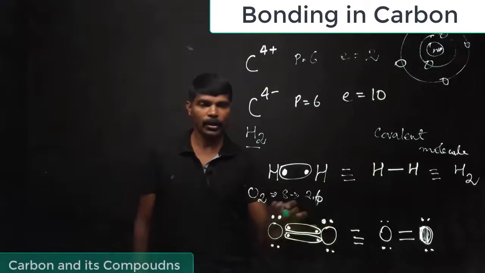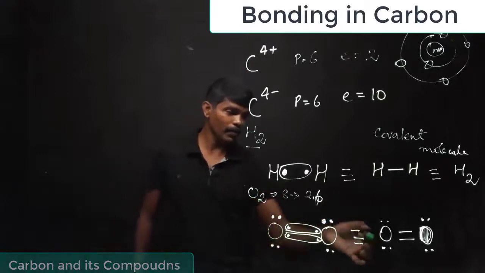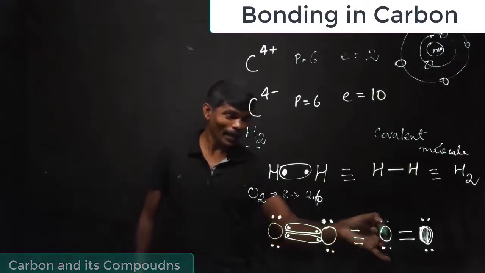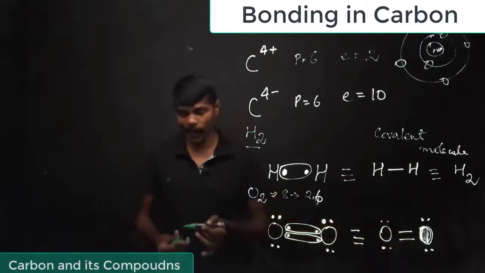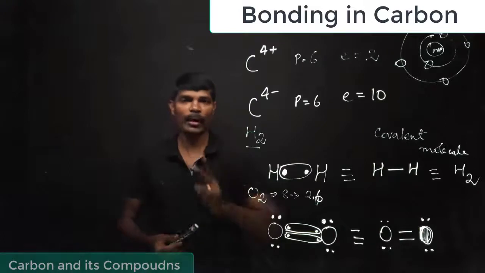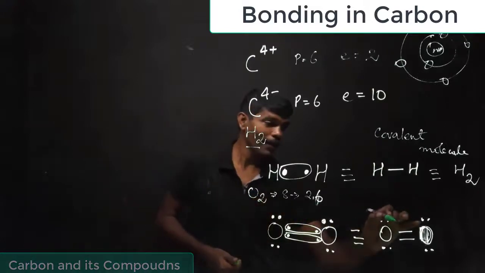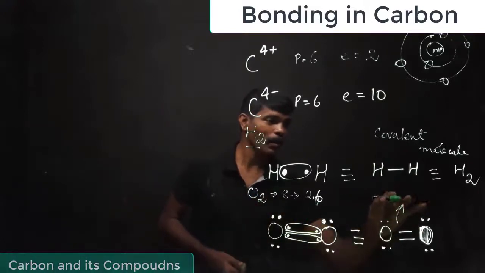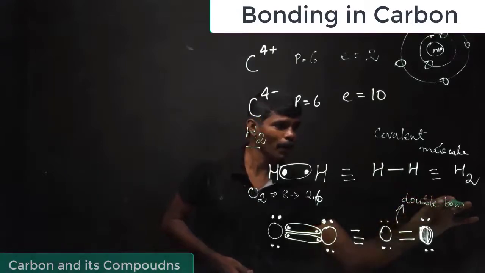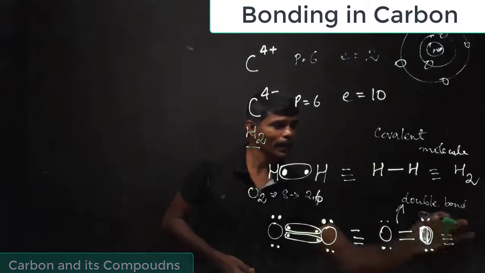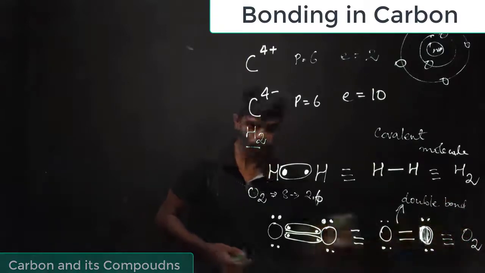So both the oxygen atoms are balanced, and you can see that between the 2 oxygen atoms we find 2 sharings. 2 sharings means 2 covalent bonds, right? So here we call it a double covalent bond or a double bond. Simply we can write it as a double bond, and the structure can further be written as O2.